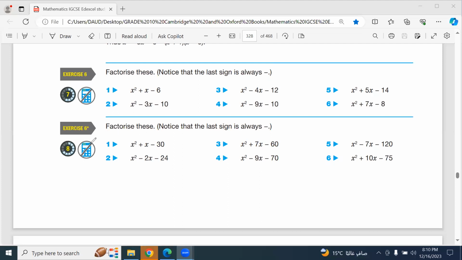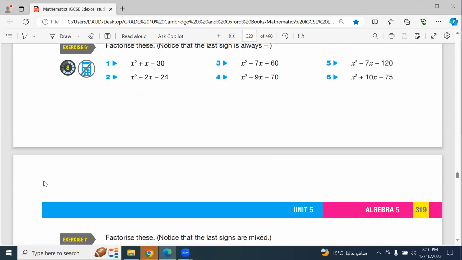Yes, guys, we try one more question from 6 star. So factorize these, and notice that the last sign is always negative. So if the last sign is negative, how do we manage one positive and one negative? Let's suppose question number 6. If the last sign is negative, how can you write directly?